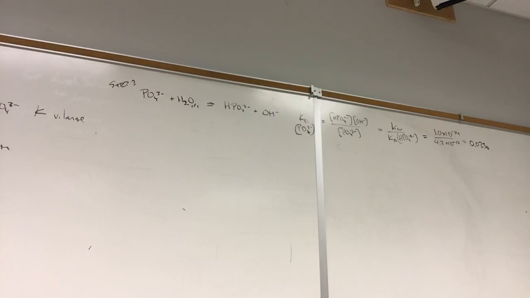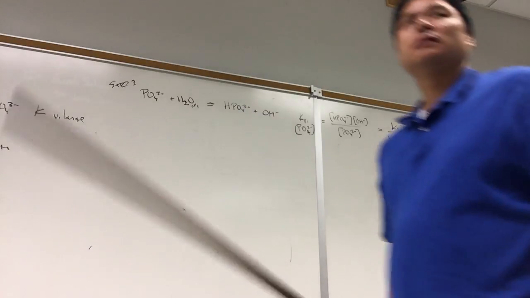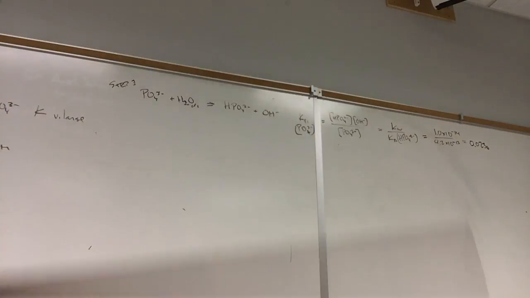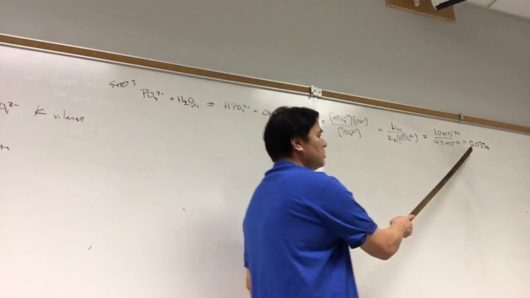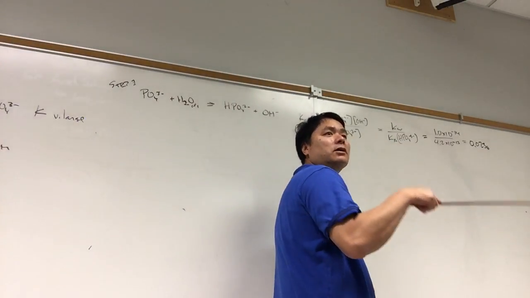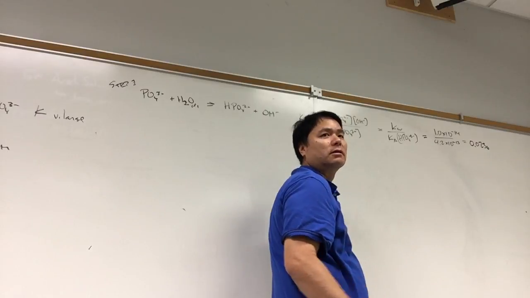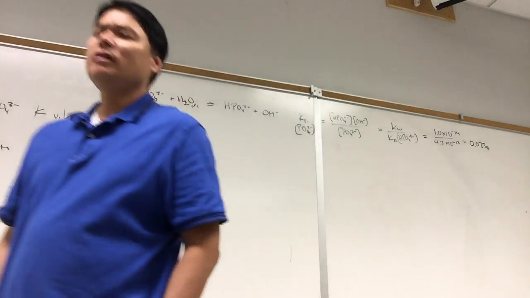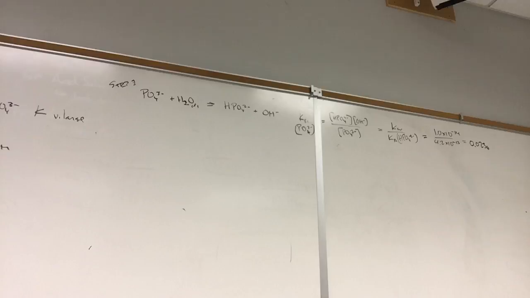Hydroxide is considered a strong base, not a weak base. And so this Kb value is actually kind of big because that puts it right up against the strong bases. And so if you have a sodium phosphate solution, it feels very slippery like sodium hydroxide. Have you ever felt a sodium hydroxide solution?